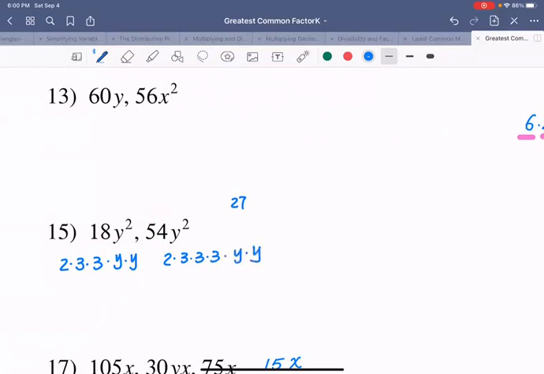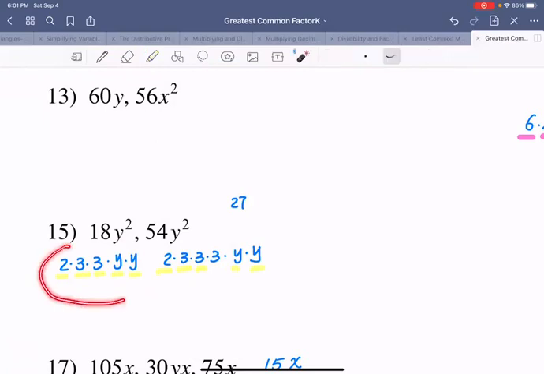Very good. Now let's find the common factor. Which one do you want to highlight? 3. Next, 2. Next, y. Continue. 3 and y. Okay, there you go.